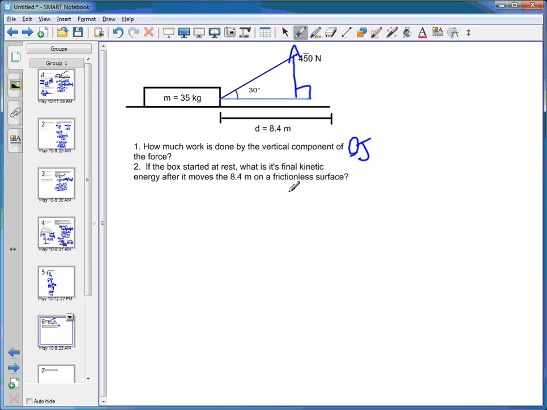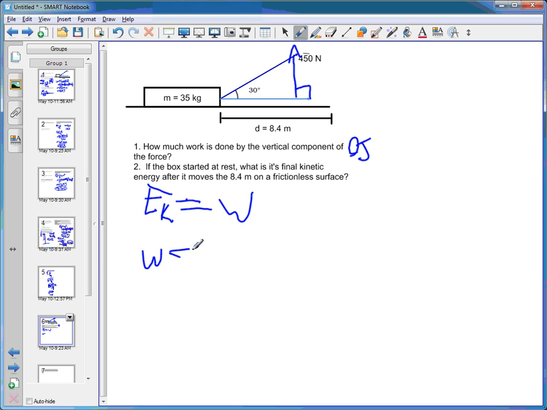So it's really just calculating the work. So in this case, because it's a frictionless surface, energy kinetic is equal to work. And work is equal to F cos theta d.